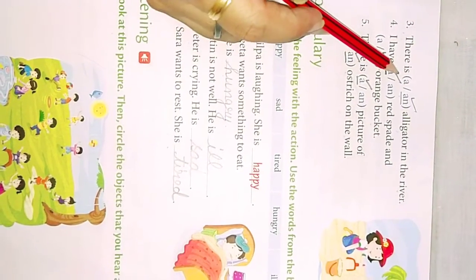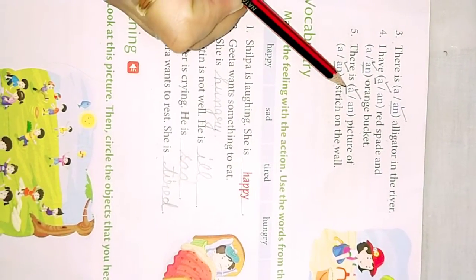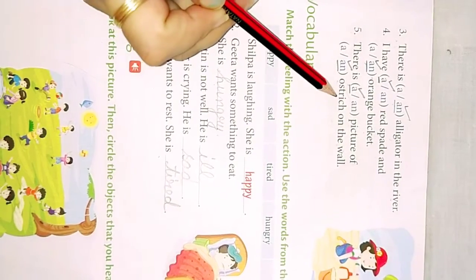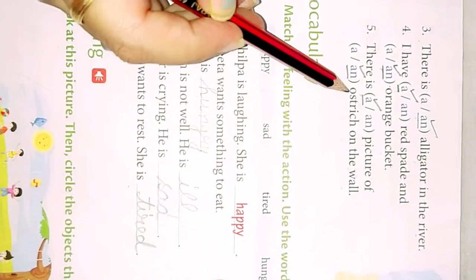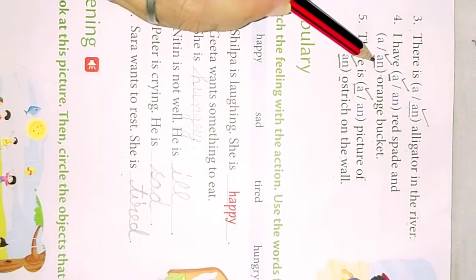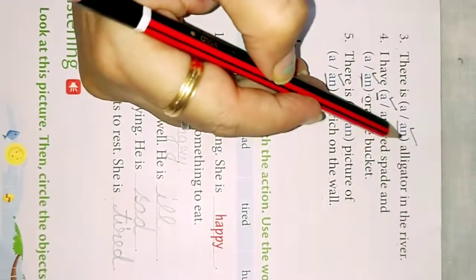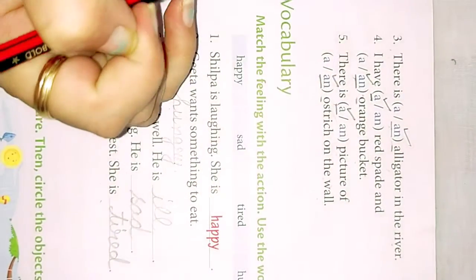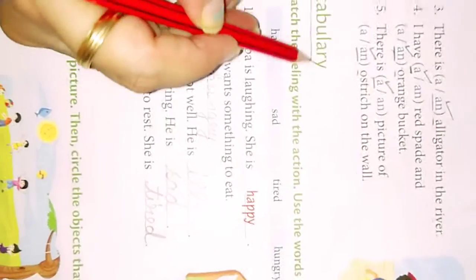So you underline a and tick mark, and an you underline and tick mark. Fifth one, there is a picture of an ostrich on the wall. Now an is used because O is a vowel here. An is used because of orange here. An is used because of alligator. Got it? 5 vowels.